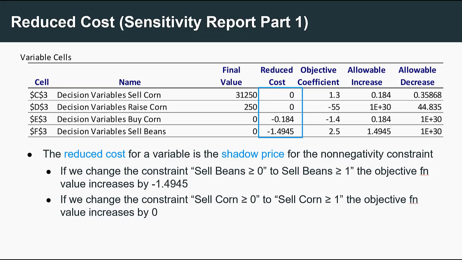First is that the reduced cost for those variables where the optimal solution is 0 is actually the shadow price for the non-negativity constraints.